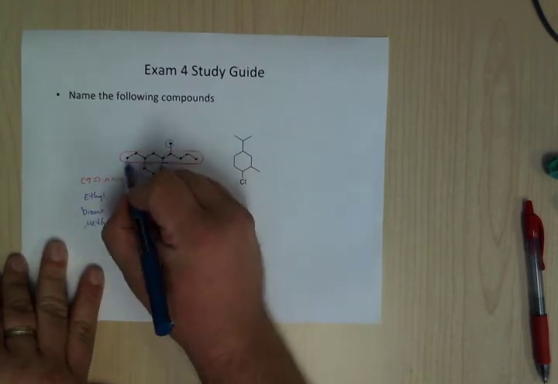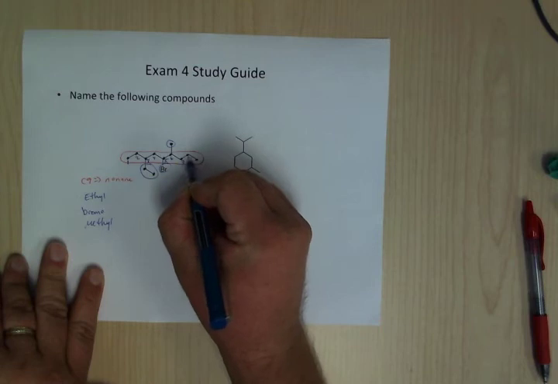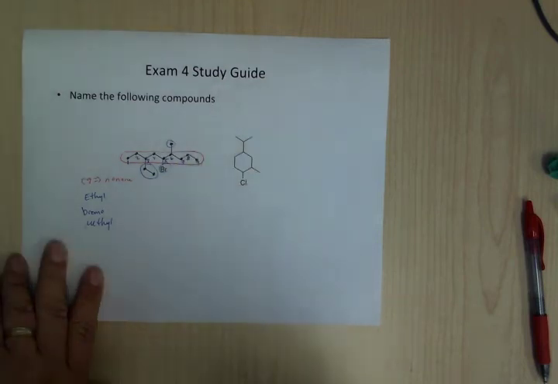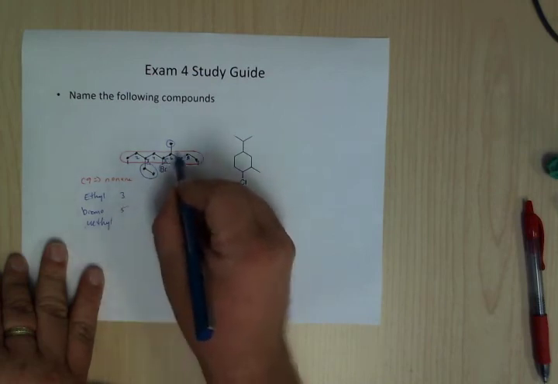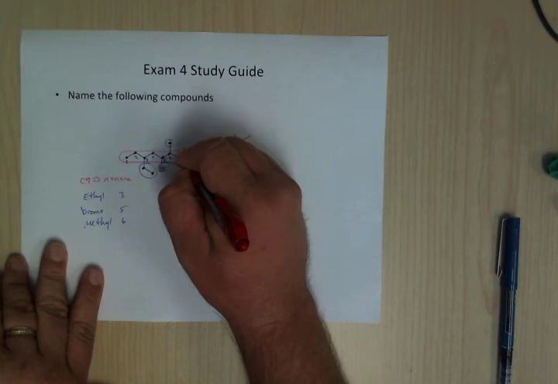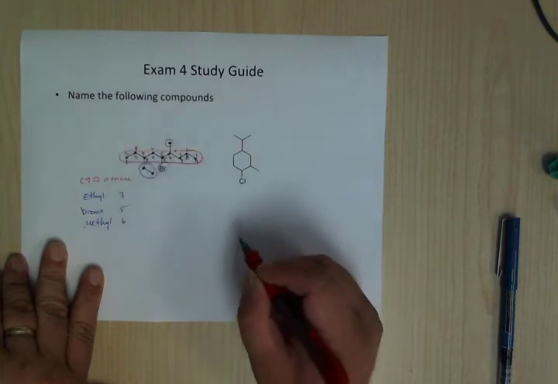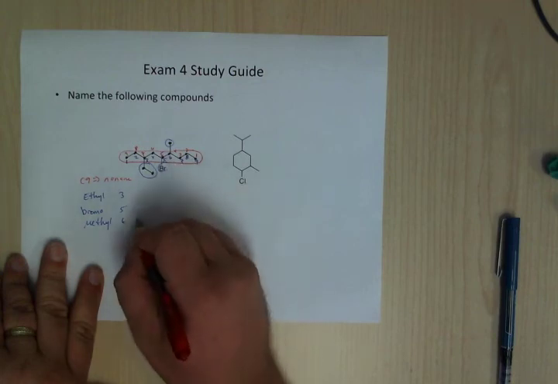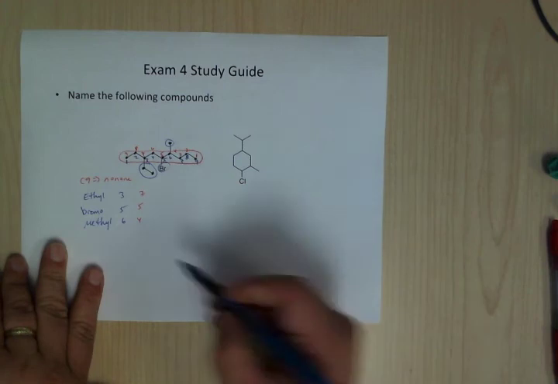If we do it from this side, it'd be 1, 2, 3, 4, 5, 6, 7, 8, 9. That means the ethyl group's at 3, the bromo's at 5, the methyl group's at 6. If we go from here, it's 1, 2, 3, 4, 5, 6, 7, 8, 9. That means this methyl group's at 4, this is at 5, that's at 7, so we're going to add these up.